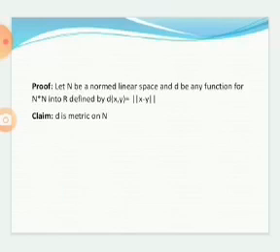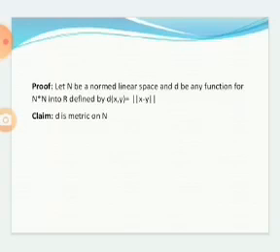The properties are d of x comma y is greater than or equal to 0 for all x belongs to capital X, and another property is d of x comma y is equal to d of y comma x for all x, y belongs to capital X, and another property is d of x comma z is less than or equal to d of x comma y plus d of y comma z for all x, y, z belongs to X. If these three properties are satisfied, then the space is called a metric space. But here we have to show d is a metric on N.